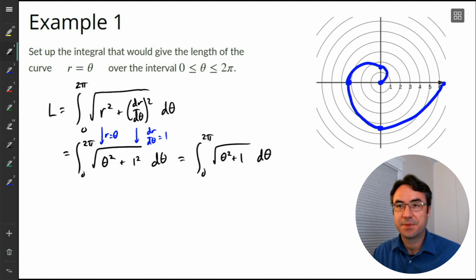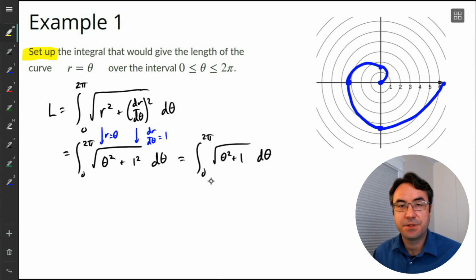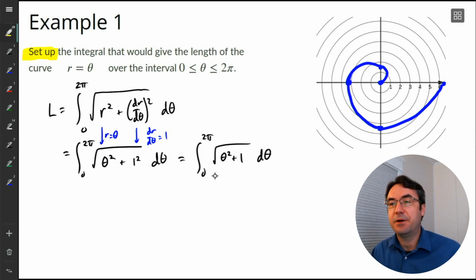All right. So the directions just ask for us to set this up. So this is good. We can stop here. Now, if we actually did want to go through with this, and it's a homework problem, how would we do it?